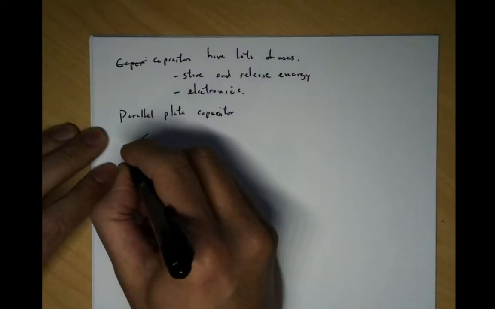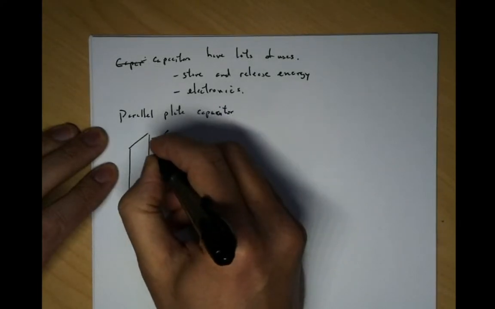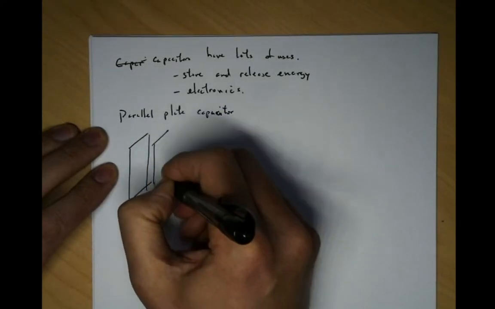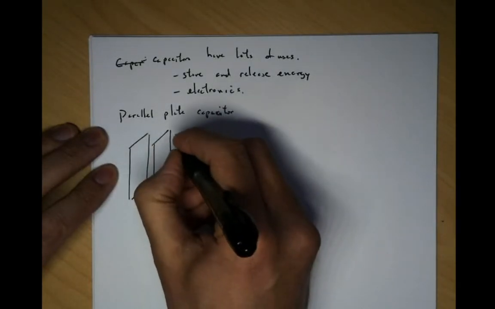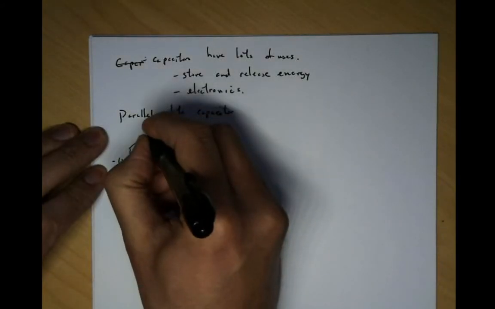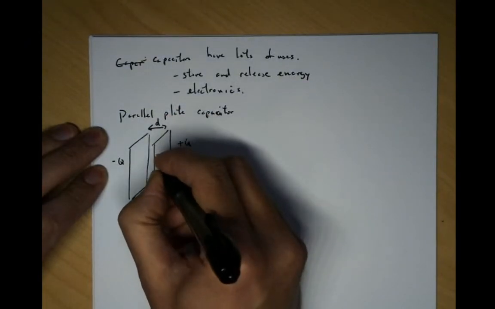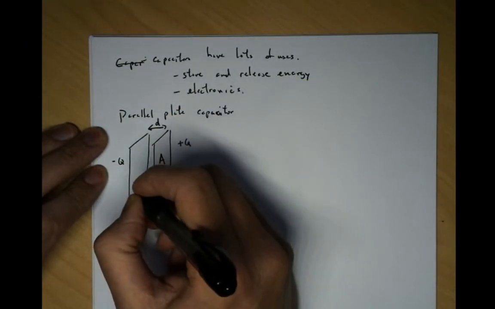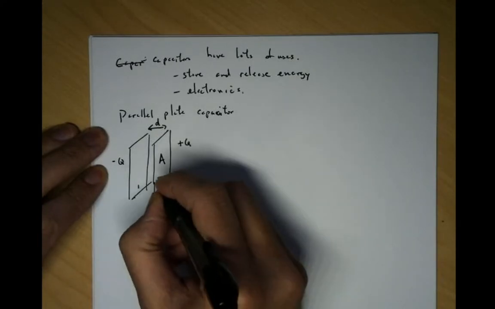You have two plates that are parallel to each other. This one might have a charge plus Q. This one might have a charge negative Q. The distance between them is some distance D. The area of each one is area A. I'm going to call this one plate 1, plate 2.